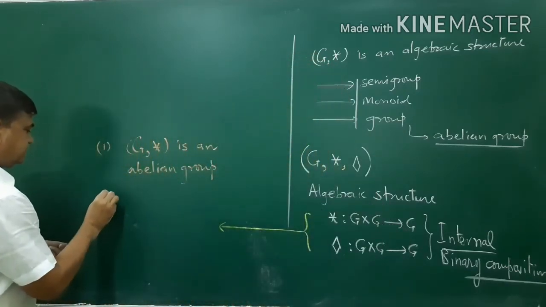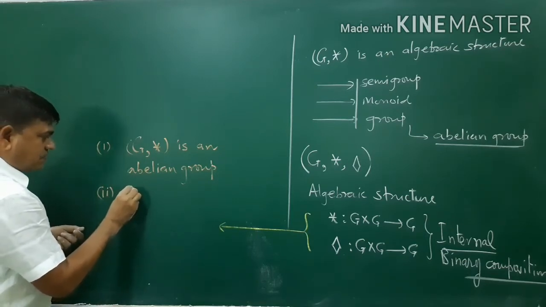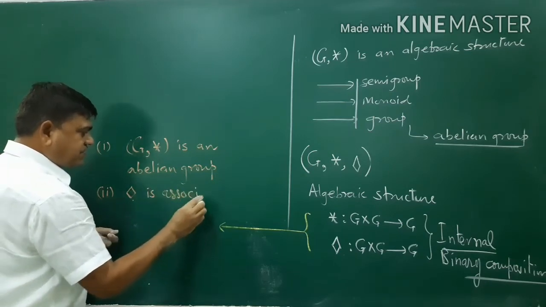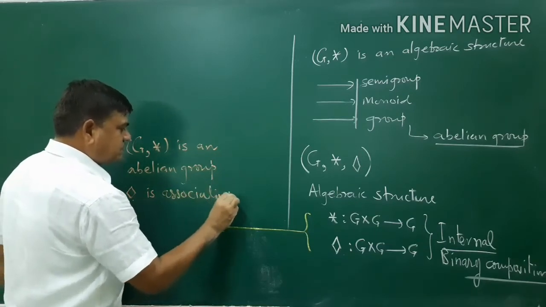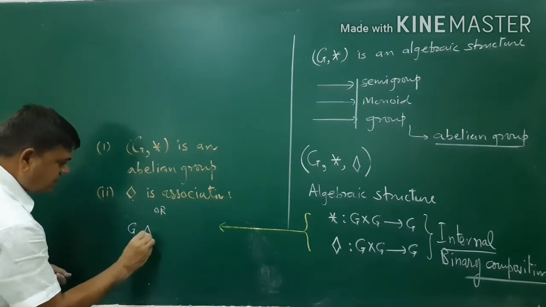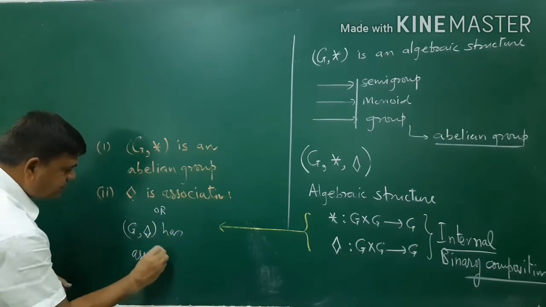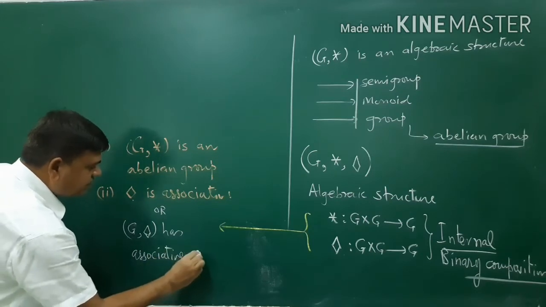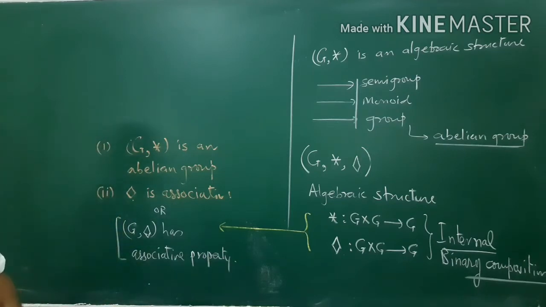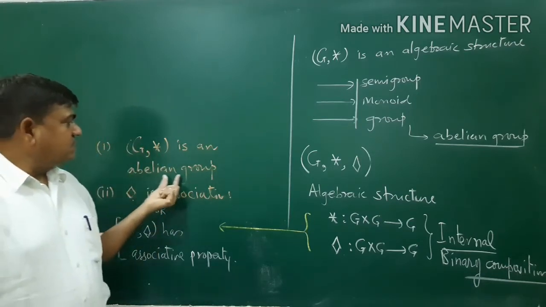Second, G is associative with respect to the second operation, or it has the associative property. Remember, the first has five properties. That's why it is an abelian group.